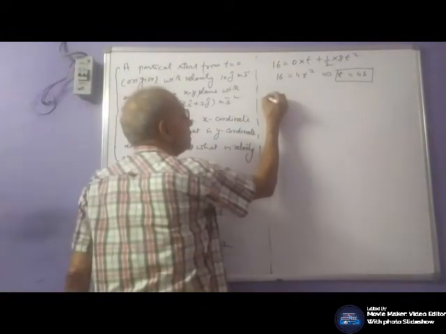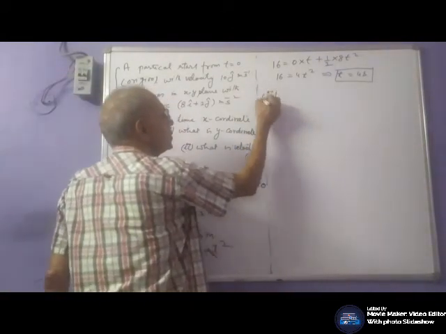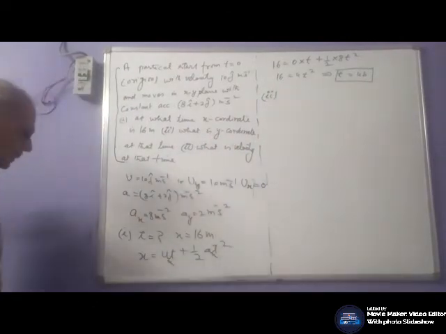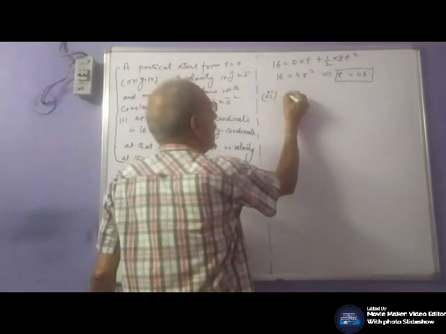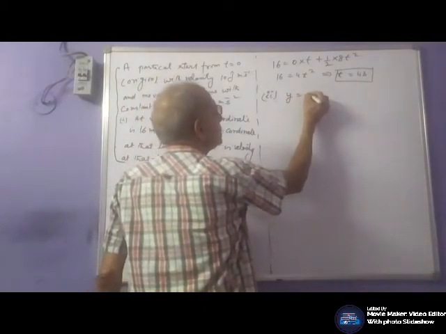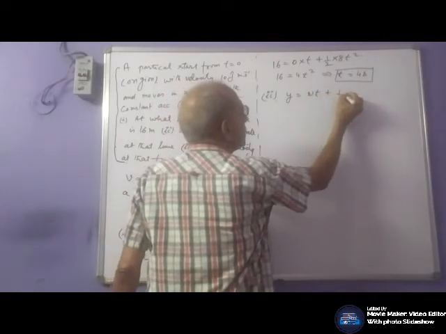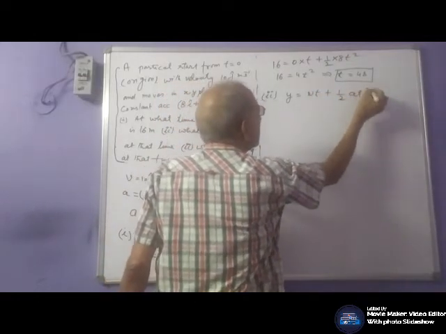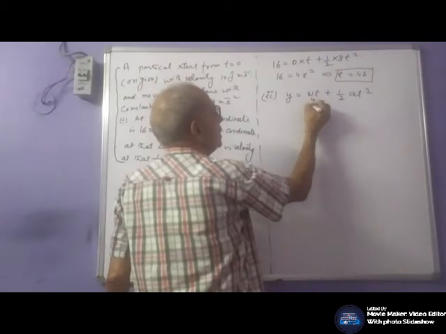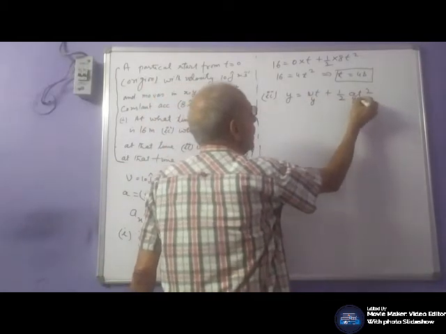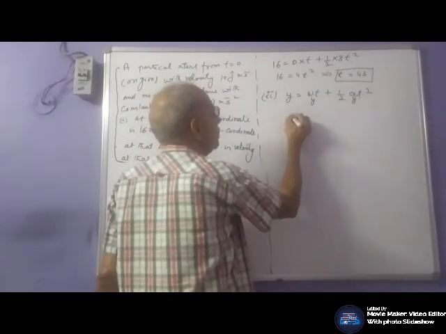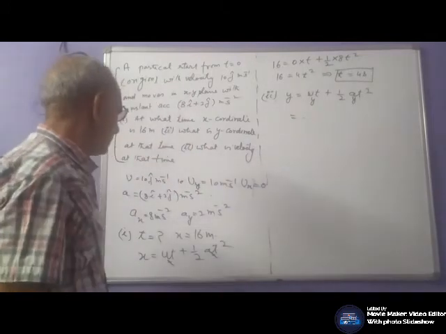Second, what is the y coordinate? Then y is ut plus half a t square. It is uy t plus half ay t square. We have to calculate y using uy.